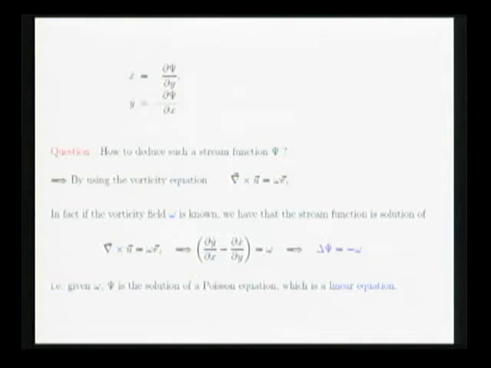So here we have our equation, but how do we deduce psi? We use our vorticity equation. If we know omega and plug it in here, we obtain that the equation for psi is this Poisson equation. So given this, the rule of the game is to derive psi. Now, this equation is a linear equation, so to use it we have to find its fundamental solution.